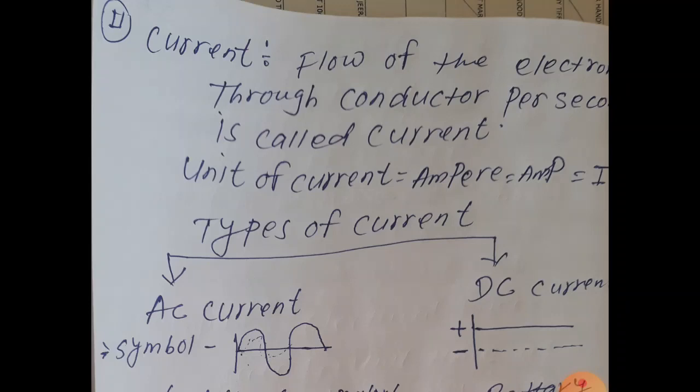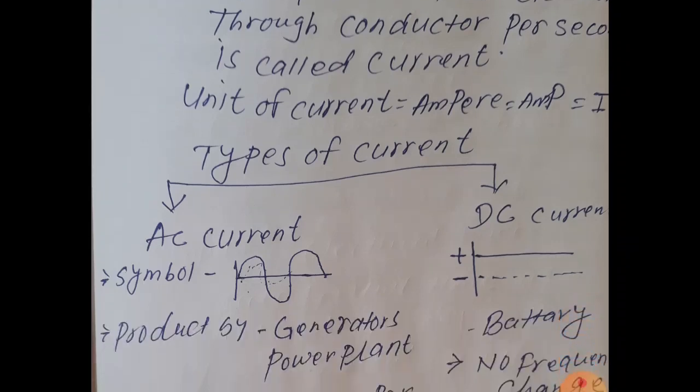AC means alternating current and DC means direct current. The symbol of AC I have already given, you can see it on your screen. AC is always circling in a zigzag situation. AC has a frequency, but DC has no frequency.